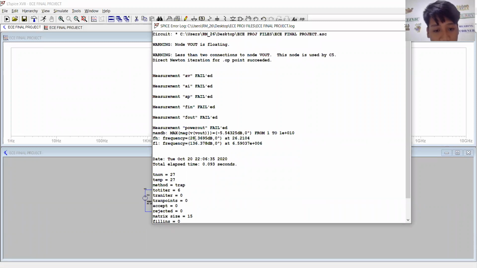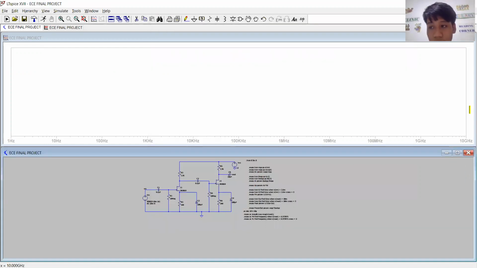This will be the highest frequency, which is 28.369 decibels and 137. And this will be 28. And with that, we are done with finding the highest frequency and the lowest frequency.